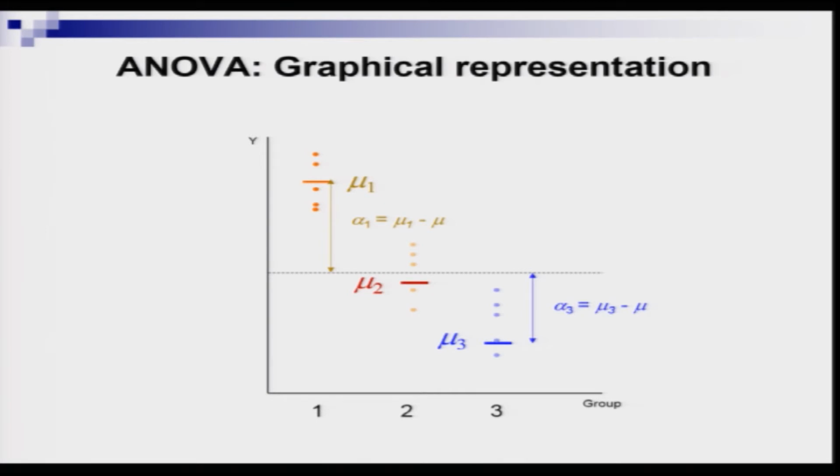Now, if you compute the arithmetic mean based on the 15 data points, you will get an overall mean or grand mean, denoted by this big mu in black color. You see the broken line in the quadrant y and group. That gives you the specific value for the grand mean or overall mean. Now, let us assume that we want a measure of the dispersion of these 15 data points.